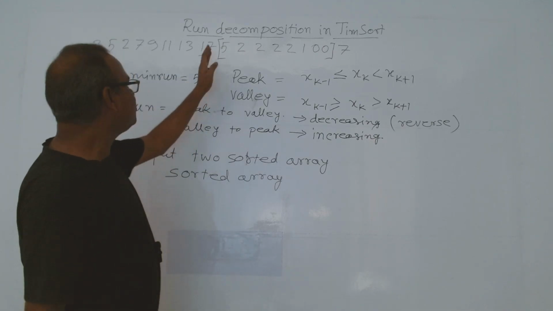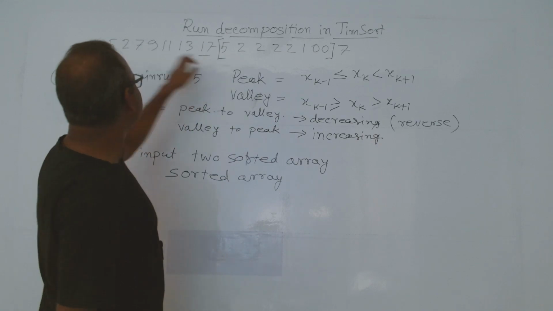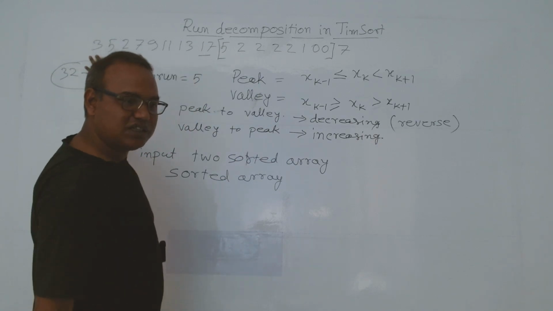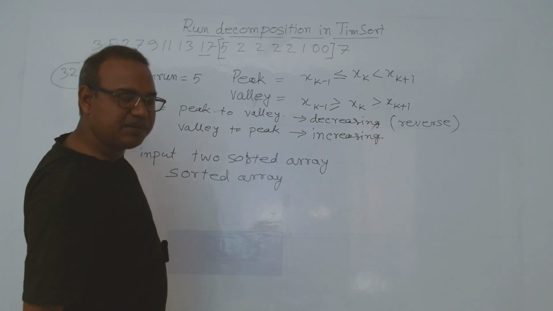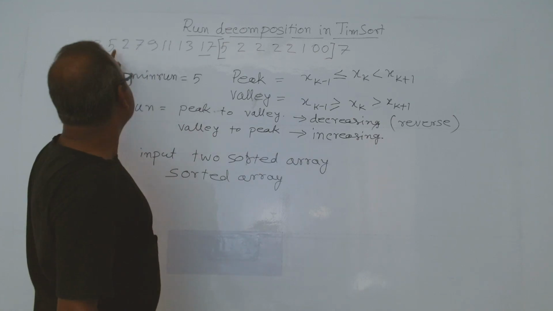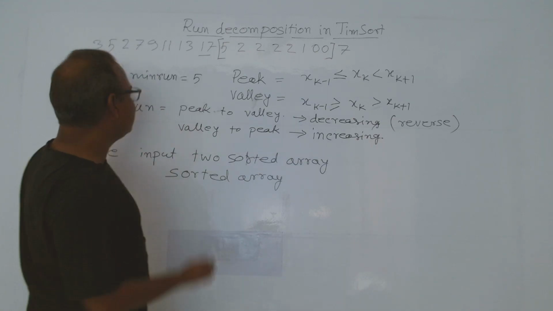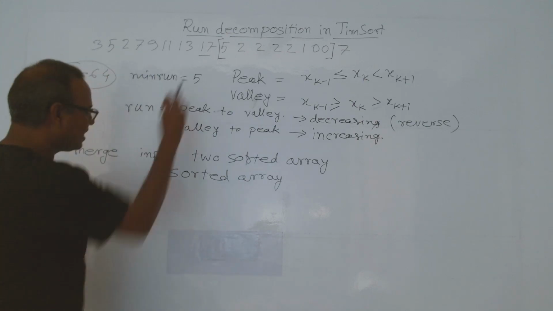So we will take up to this, there are 2 elements which are unsorted, because we have to take more than 5.